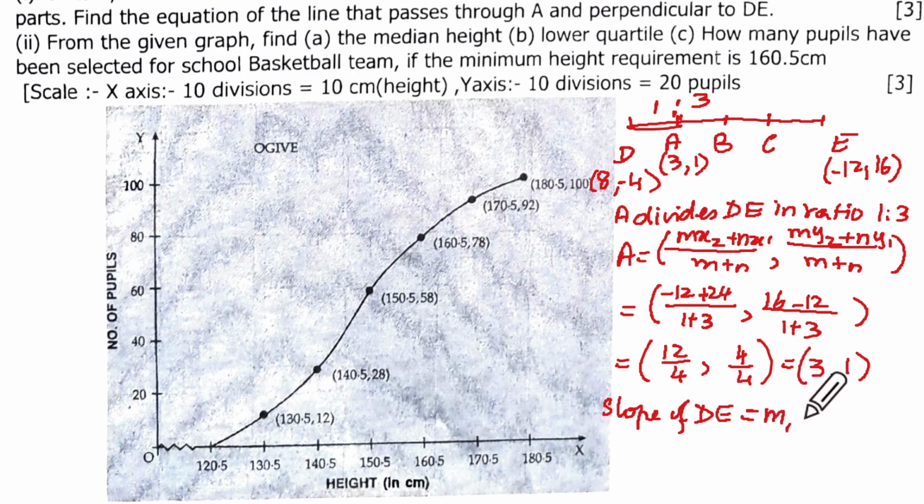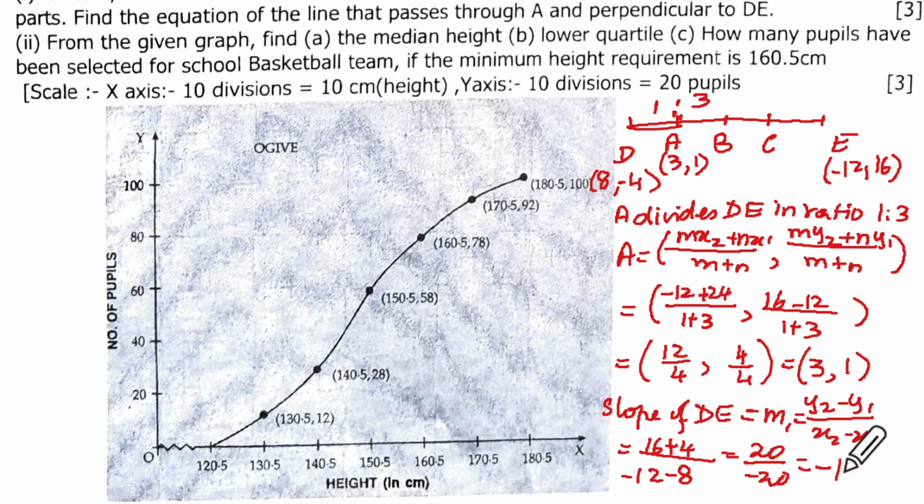It will be equal to M1, which will be equal to Y2 minus Y1 upon X2 minus X1, which will be 16 minus minus 4, so plus 4, and minus 12 minus 8. How much are you getting? 20 upon minus 20. So I am getting minus 1, correct? Then you will say required line perpendicular to DE, correct?